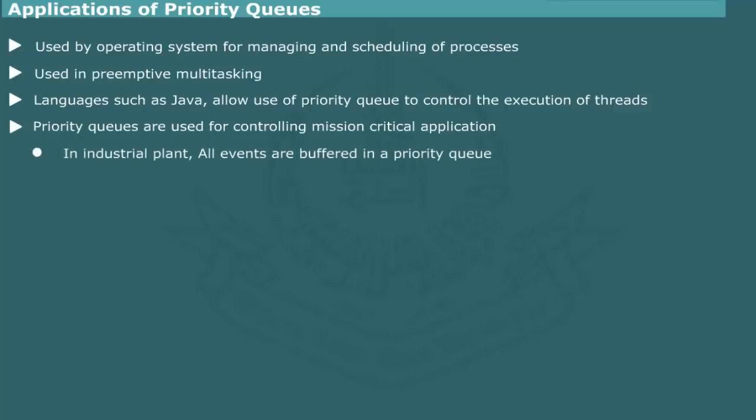In an industrial plant, for example, working of various components is monitored and shown on the console. All events and associated messages are buffered in a priority queue. Appropriate actions on the processes with the highest priority are initiated immediately to take necessary remedial measures.